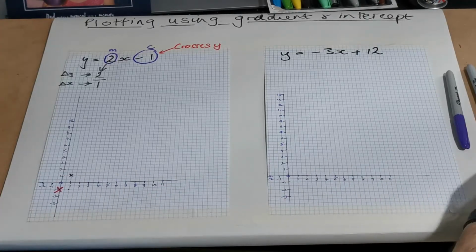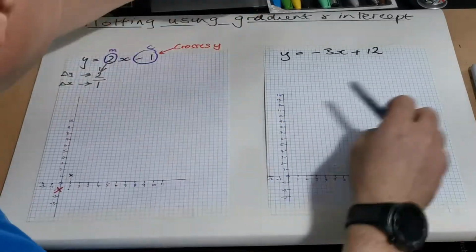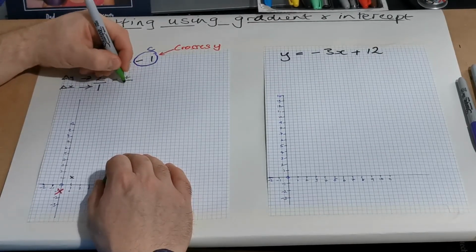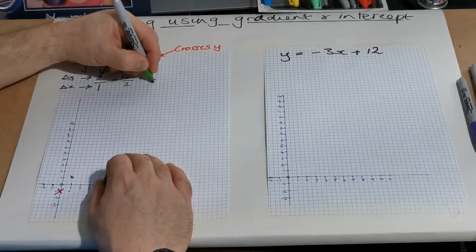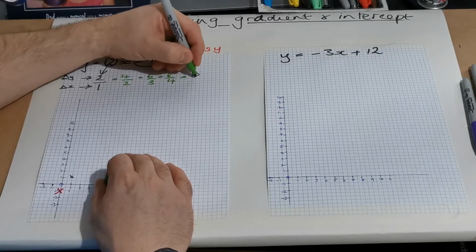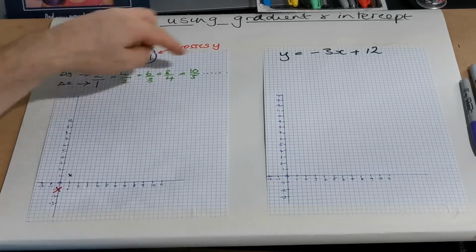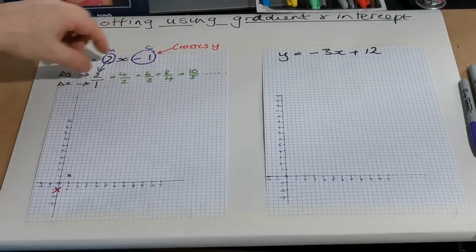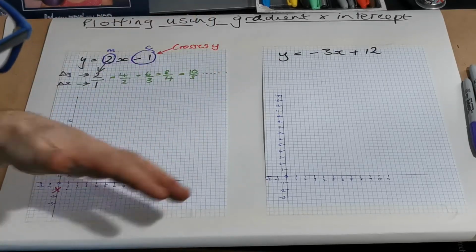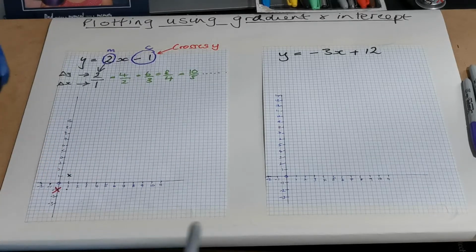But bearing in mind that this is a fraction, we could say that that was equal to 4/2, or 6/3, or 8/4, or 10/5, etc. But they're always going to cancel down to give that one. But the bigger you go and the further you can make your next point to draw, the more accurate your graph's going to be.